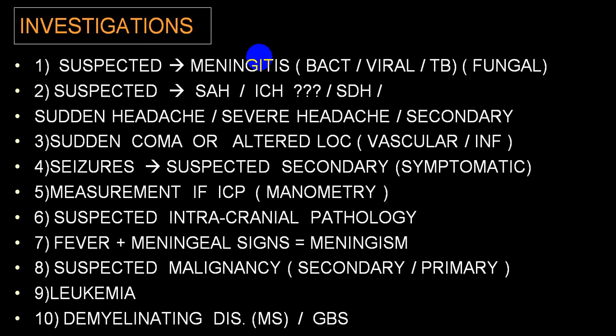Any person who gets a sudden severe headache and you are suspecting secondary etiology in the form of meningitis or subarachnoid hemorrhage or intracranial hemorrhage, CSF analysis is absolutely a must. Another is any person who has an altered level of consciousness or sudden coma and you are suspecting infection or vascular etiology. Again, it is the same. These are the first two common indications.